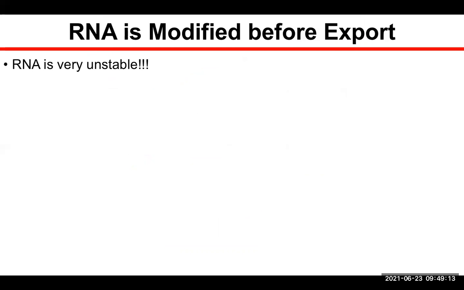RNA is a very unstable molecule. It gets degraded quite easily by nucleases. Nucleases are just enzymes that break up RNA or DNA. If it's a DNA nuclease, it's going to fragment and destroy DNA. If it's an RNA nuclease, it's going to do that to RNA.